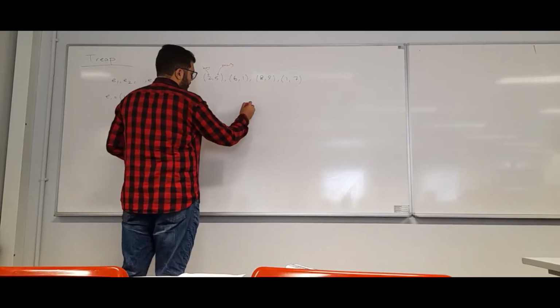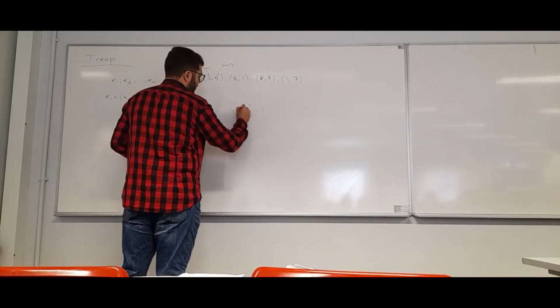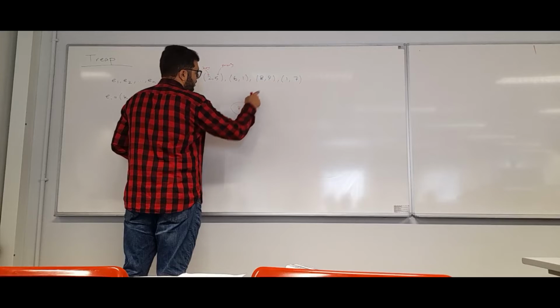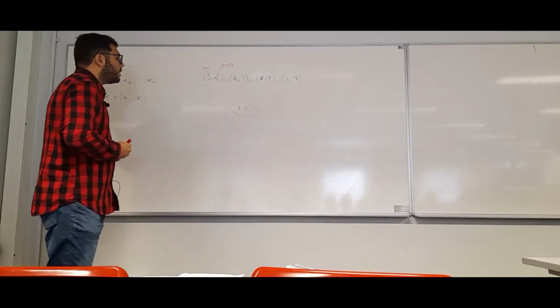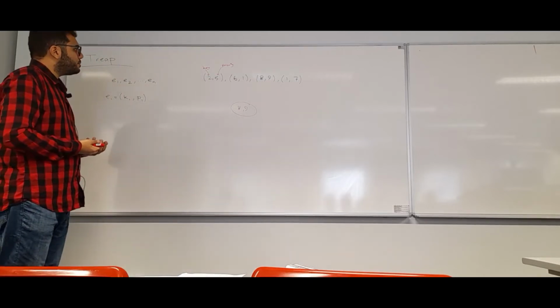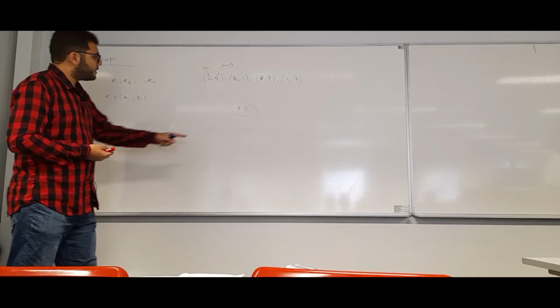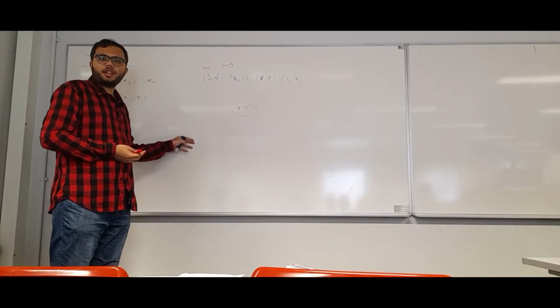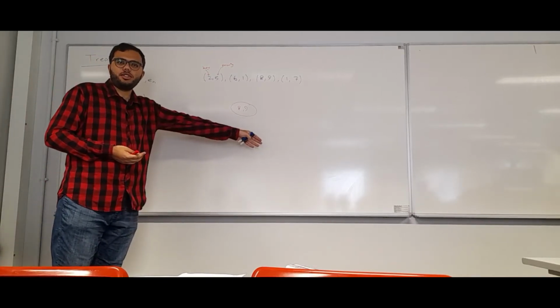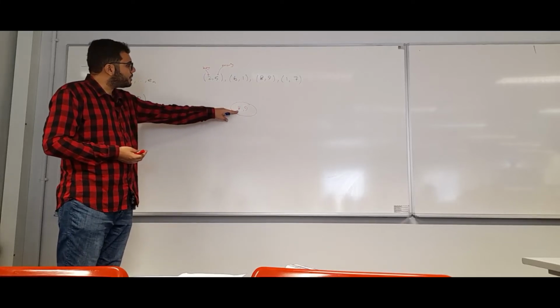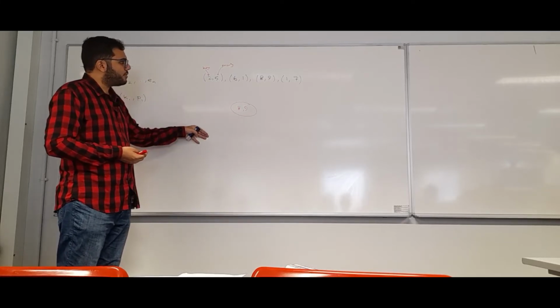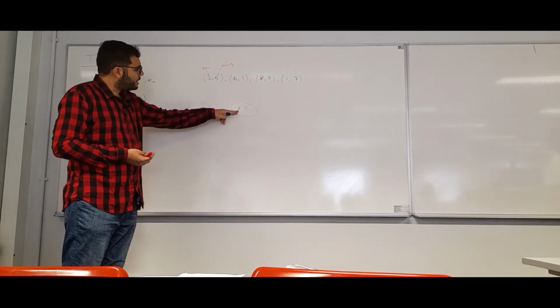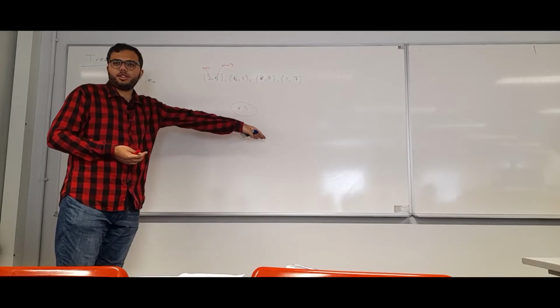So the root of my tree would be (8, 9). So the key is 8, the priority is 9. But I also want my tree to be a binary search tree in terms of the keys. So now I know which elements should go to the left and which elements should go to the right. The elements that have a key that is smaller than 8 should go to the left. And the elements that have a key that is larger than 8 should go to the right.